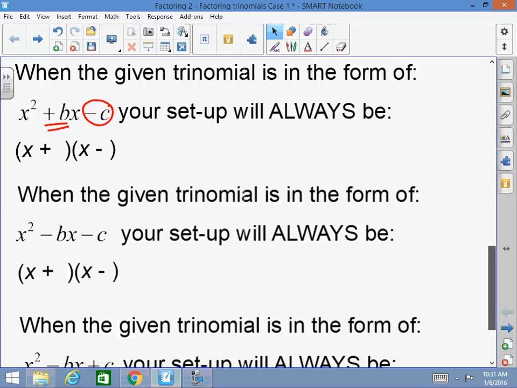Instead of having a negative 1 and a positive 2, let's have a negative 2 and a positive 1. Negative 2 times positive 1 is negative 2. That means my c would be negative. But negative 2 plus 1 is negative 1. That means my b is negative. So when both my b and my c are negative, I have an x plus and an x minus once again.